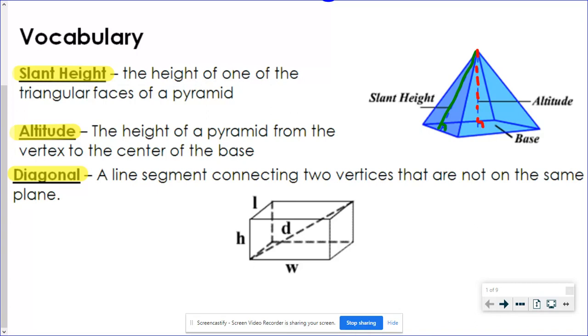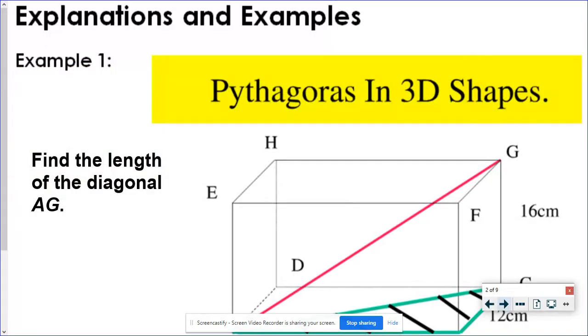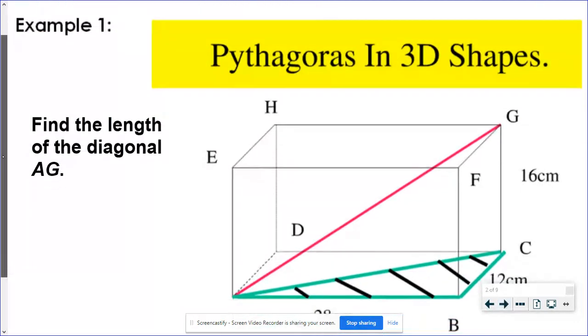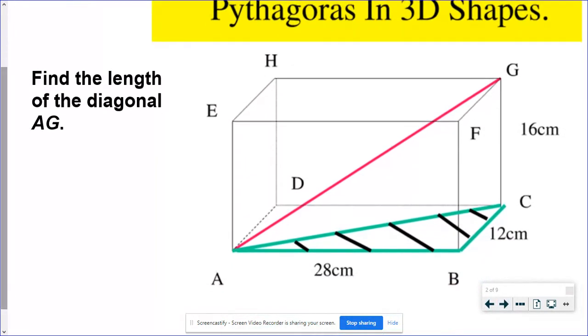So we're going a diagonal through this entire shape. That's what we're going to be looking at for the most part as we're doing some of these examples today. So that's what I'm looking for: the diagonal that's going from A to G, through the shape.